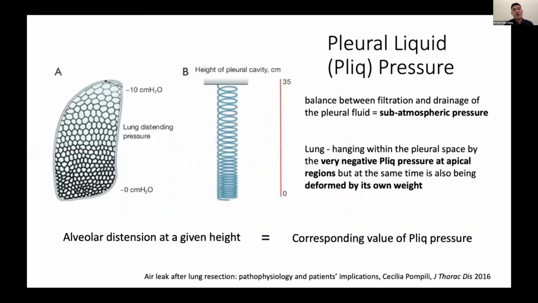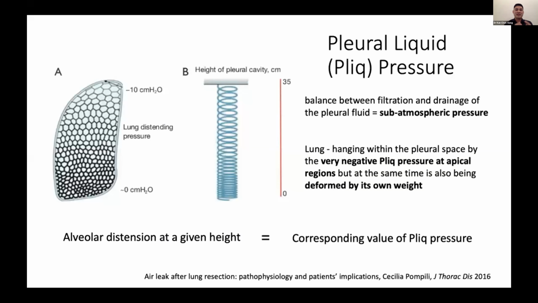Now, studies have shown that the average pressure at the apical part of the thoracic cavity only ranges at about negative 10 centimeter H2O. There are a lot of factors affecting this, mainly gravity as well as intrapleural fluid circulation.